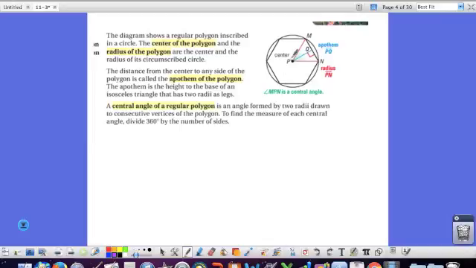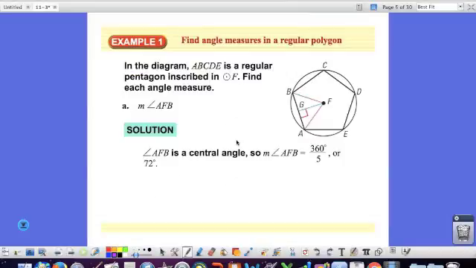Each of these regular polygons can be divided into congruent isosceles triangles. When we divide these into multiple congruent triangles, we can also figure out the measure of this angle.